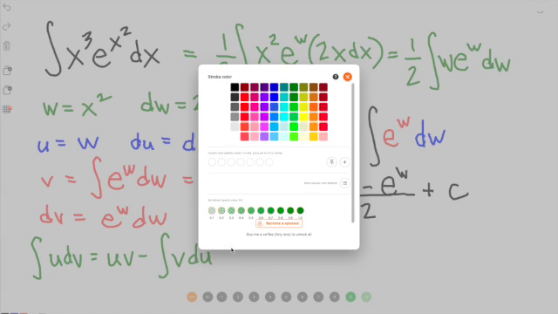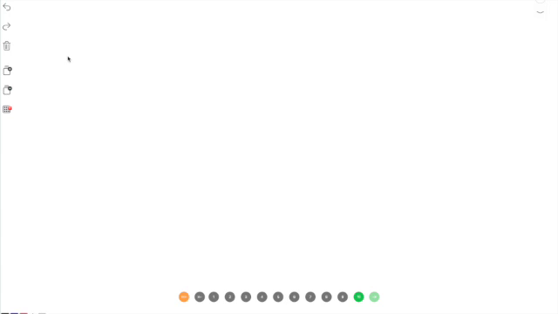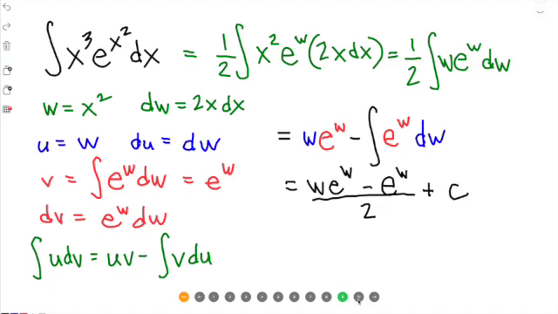Now, substituting everything back, since our original problem is in terms of x, we need to substitute everything. So this is our final answer here. Let me write it down: the integral of x cubed e to the x squared dx would be equal to w e to the w minus e to the w.